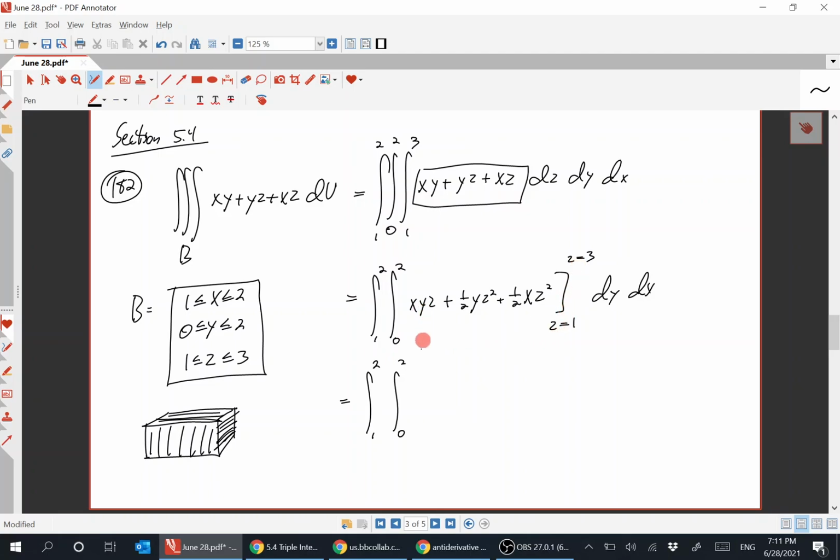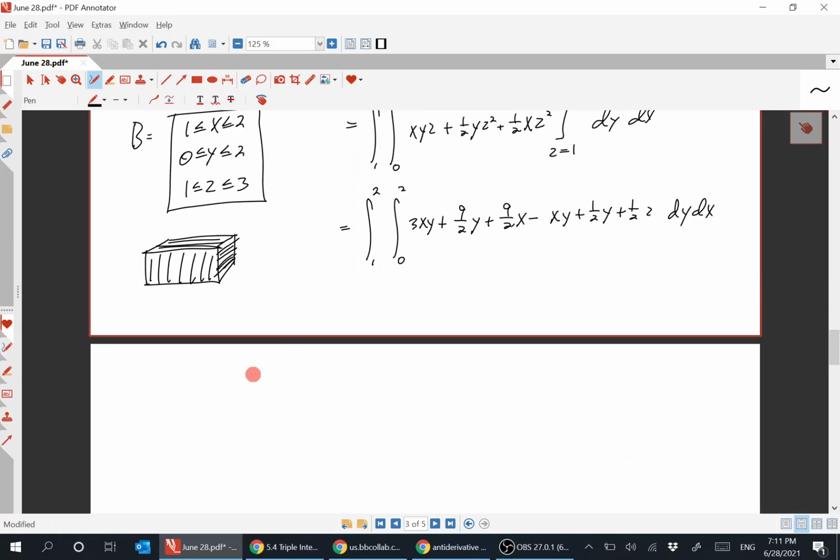So this is equal to, at z equals 3, 3xy plus 9/2 y plus 9/2 x minus xy, sorry, and here, plus 1/2 y plus 1/2 x, dy dx.